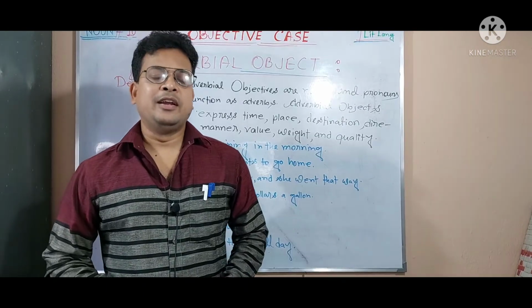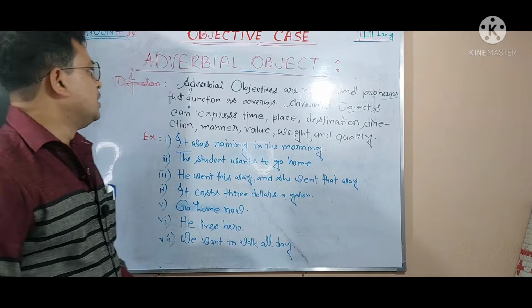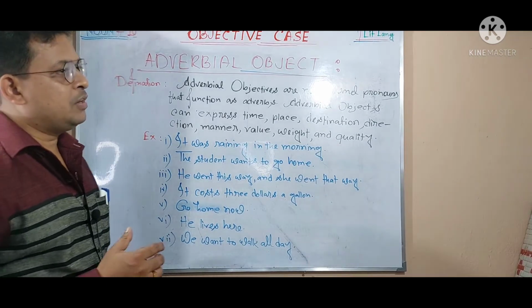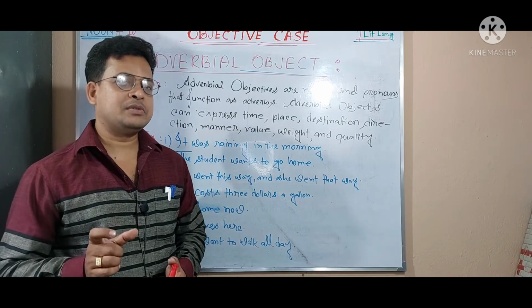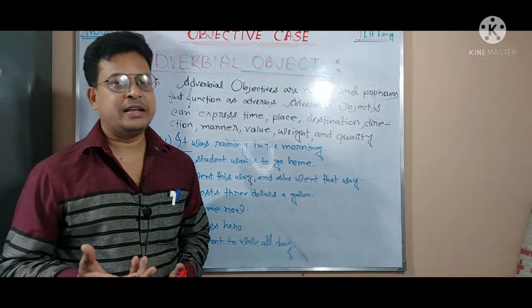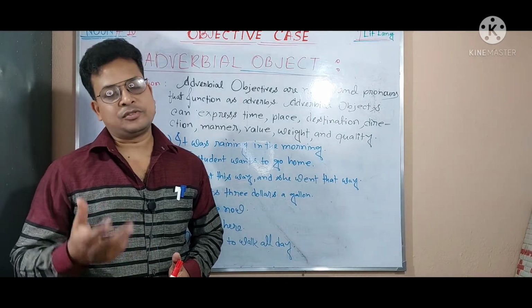Again, let's learn about another object, called the adverbial object. For the adverbial object, you have to know first what an adverb is. By the term itself you can understand what its definition could be. Adverb, you know, is a part of speech.